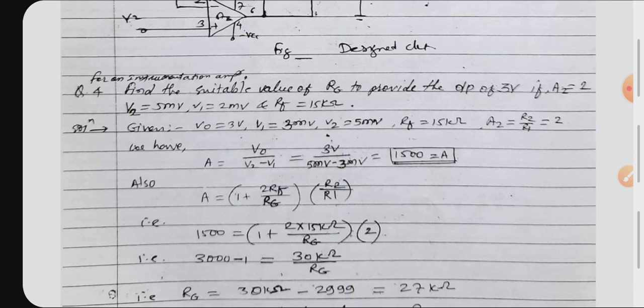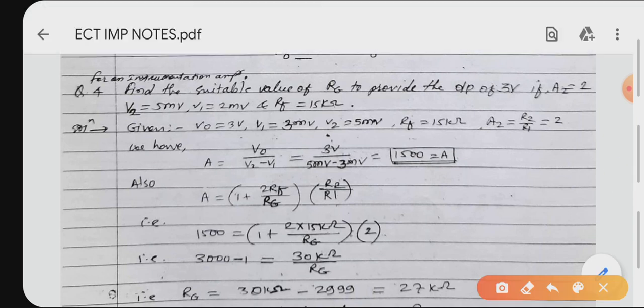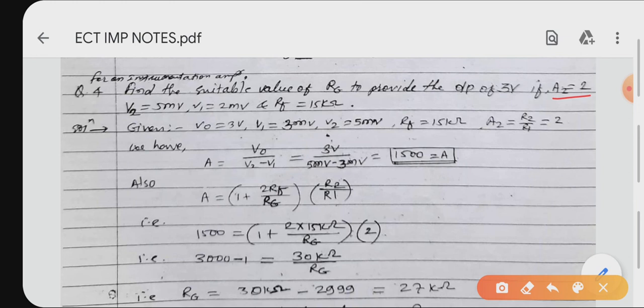VO is equal to 3 volt, V1 3 millivolt, V2 equal to 5 millivolt, RF is equal to 15 kilo ohm and A2 is equal to R2 by R1 is equal to 2. So A2 is given here, not AI, it is A2. That means the gain of the second stage is given as 2, that means R2 by R1 is equal to 2 is given in the problem.